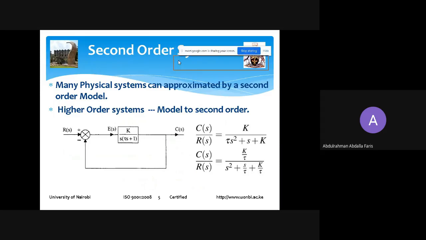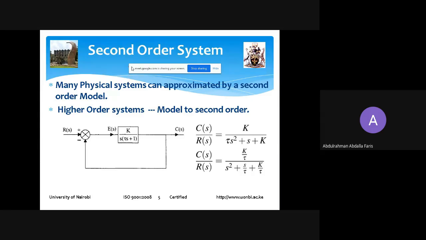So those are the two forms, or the ways we can represent the system: either in pole-zero form, or in time constant form.